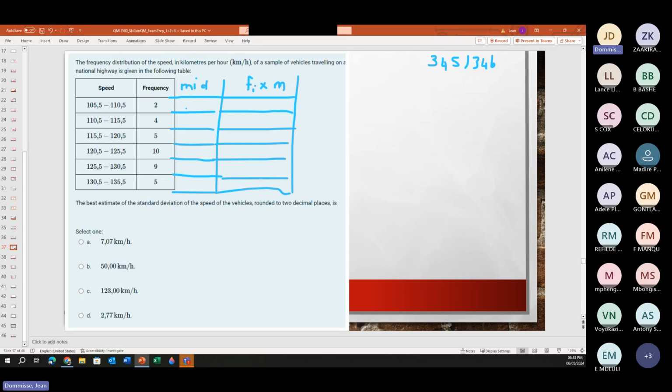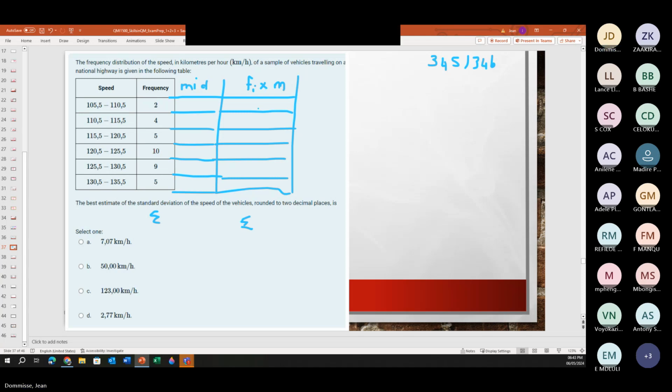But basically then you will do a sum of the frequencies, a sum of this midpoint, I'm sorry, it's frequency times midpoint squared. Okay, so you will then add that together, and then you will say 1 minus the other.